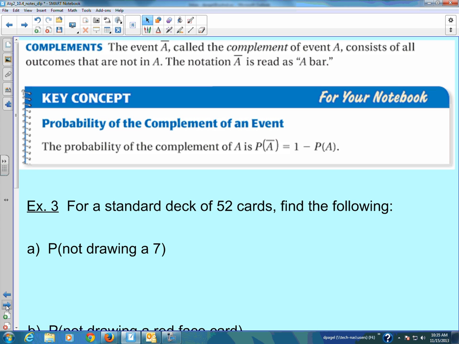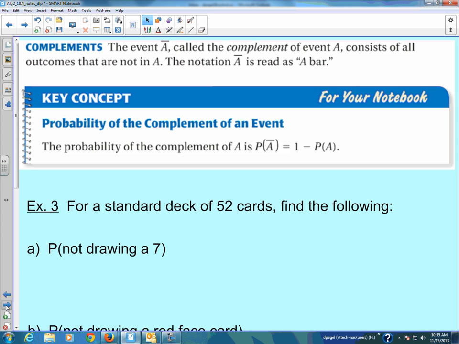Again, if I have the probability of an event happening and the probability of that event not happening, those two probabilities have to add up to 1. And so a complement just says, let's take a look at what if you subtract the probability of something happening or not happening from 1, and we can come up with this idea of a complement.